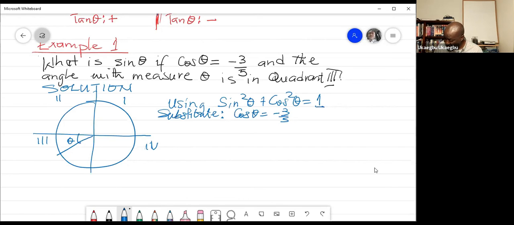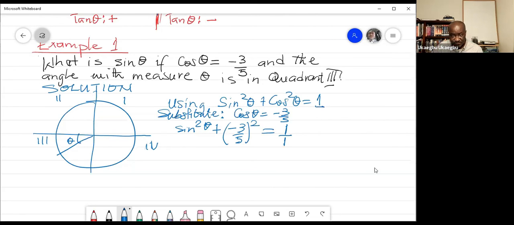So once you do that, you are going to have sine squared theta plus -3/5 whole squared is equal to 1. And that one is actually 1/1. All right.